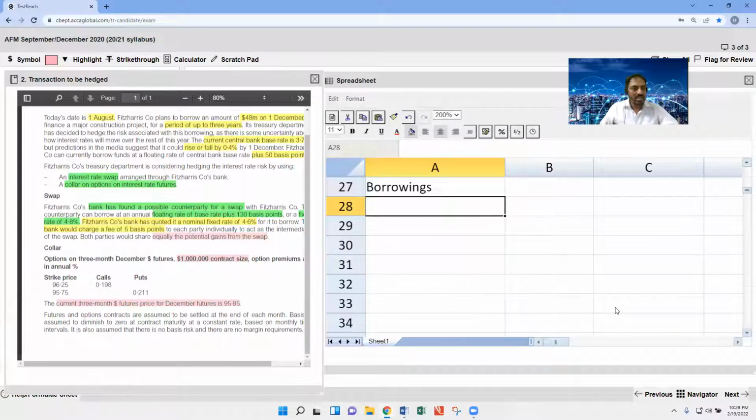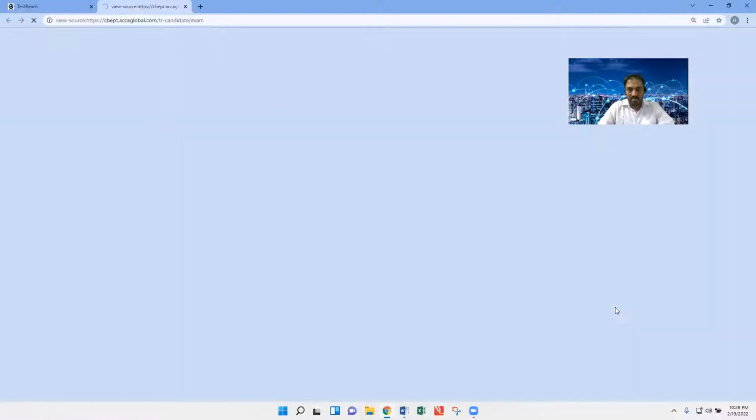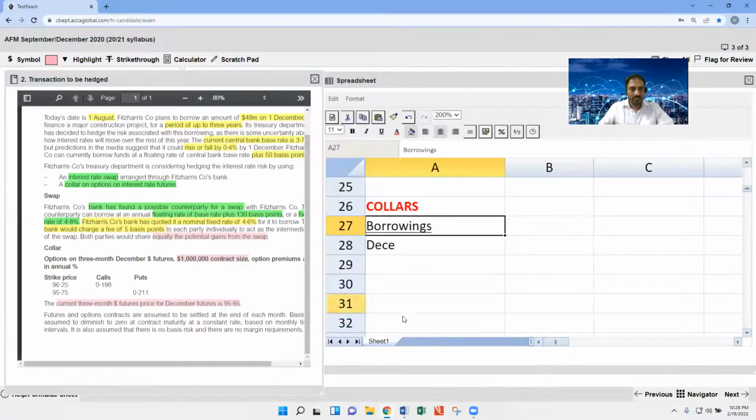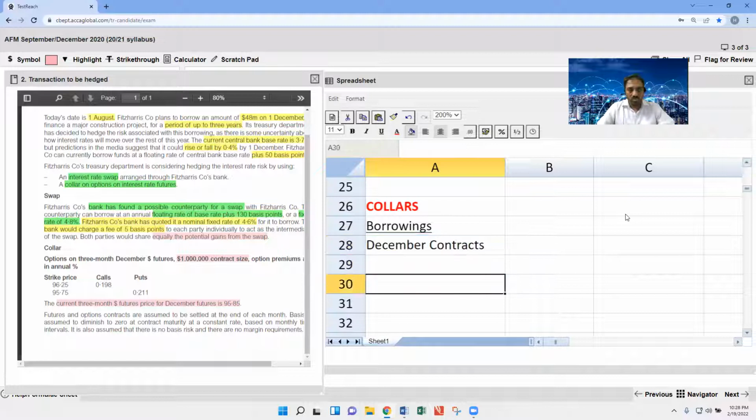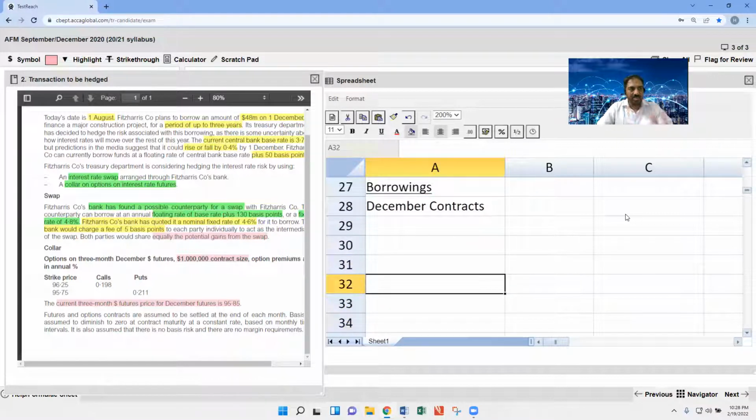Number one, you have to mention that this is the December contract. Free marks. Take out the free marks. Number one, December contracts. Number two, no need to involve any complications.